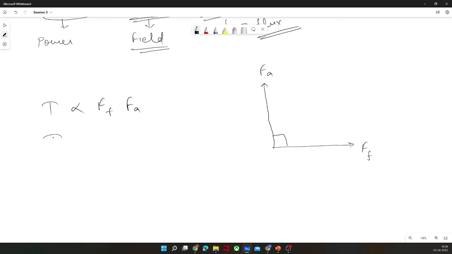If the angle between FA and FF is 90 degrees, it would give you maximum torque. And from the power equation also, you can see EV by XS sine delta if armature resistance is ignored. If delta is 90 degrees, you have maximum power, corresponding to maximum torque.